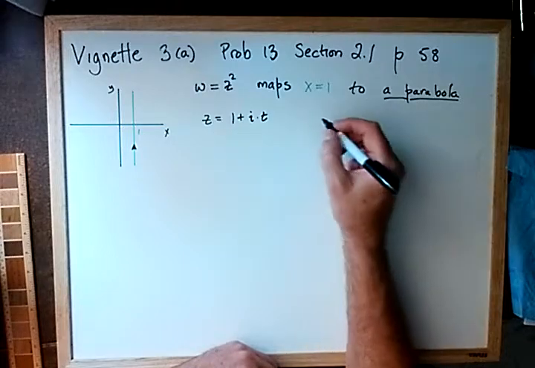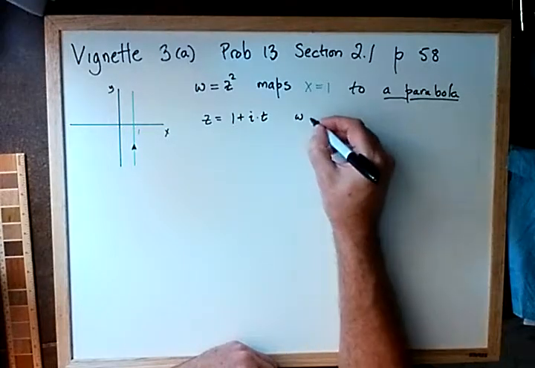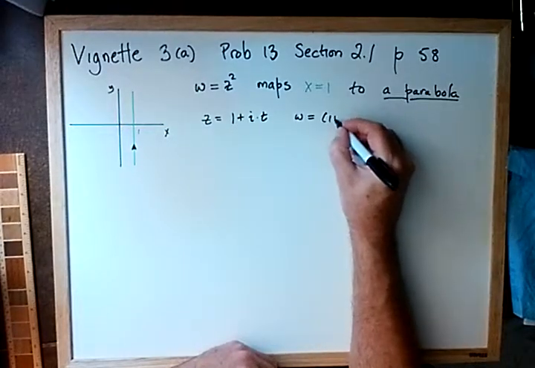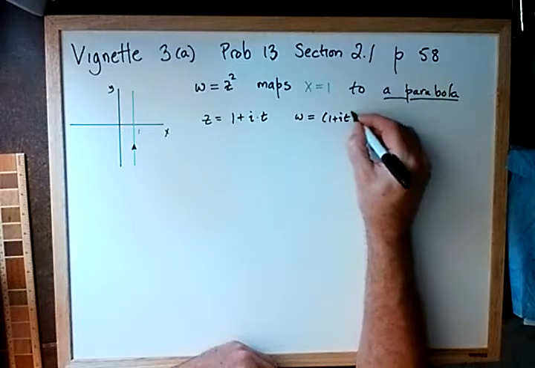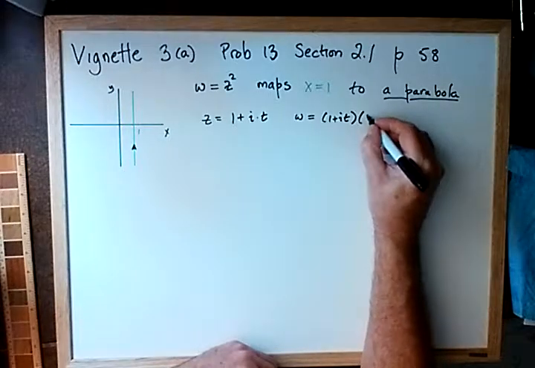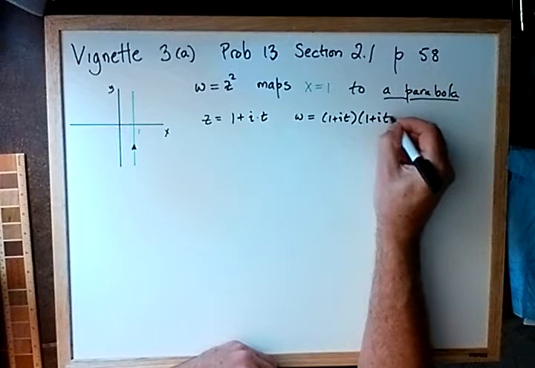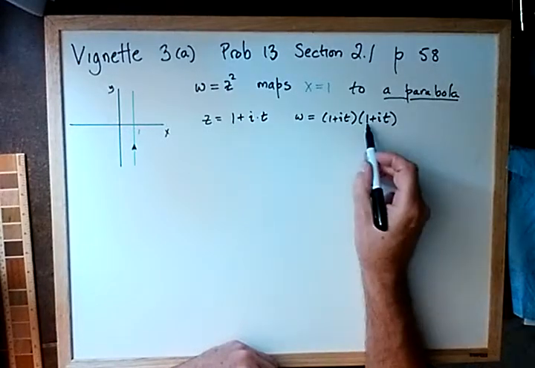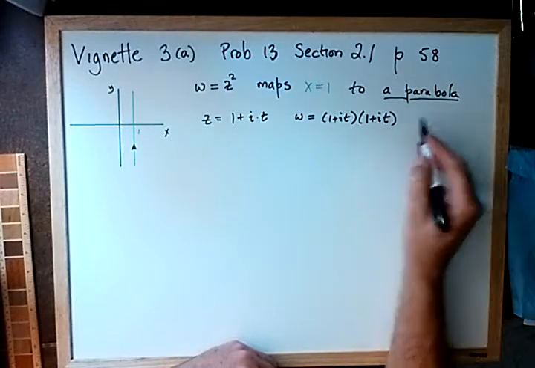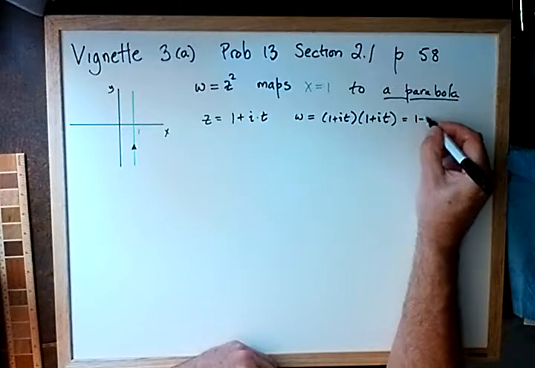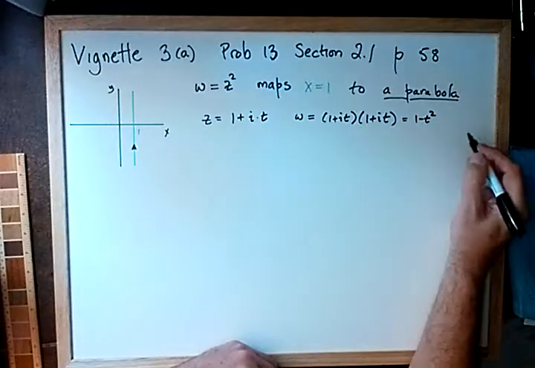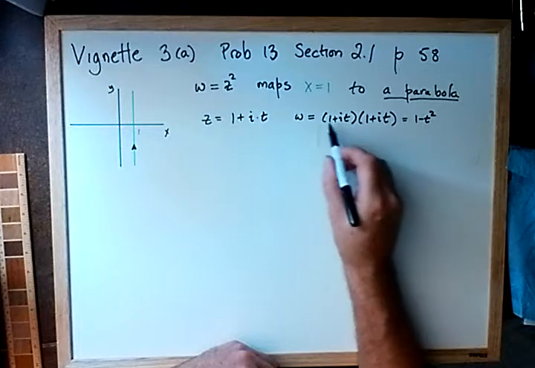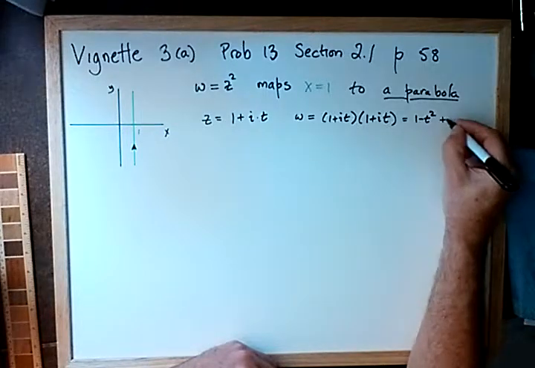So if z is 1 plus it, then w is going to be (1 plus it) squared, which is (1 plus it) times (1 plus it). So that's going to be 1 minus t squared, plus i times t plus i times t.